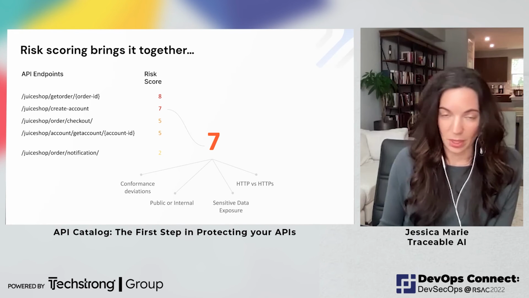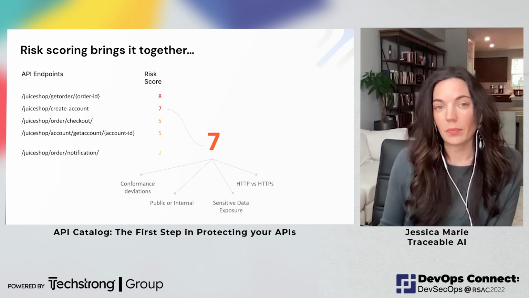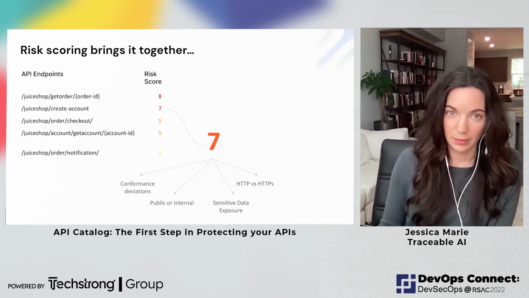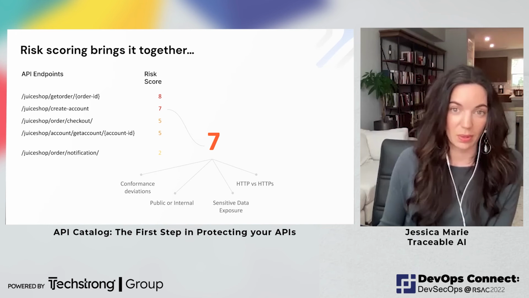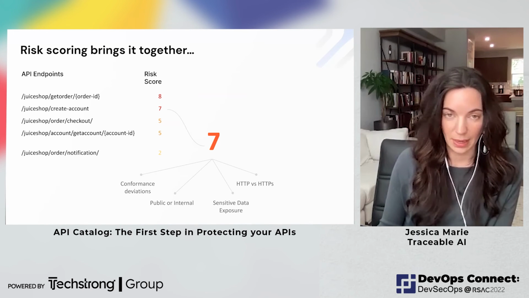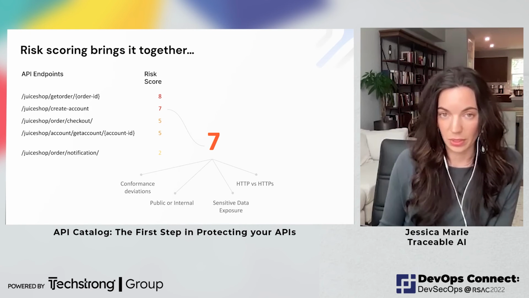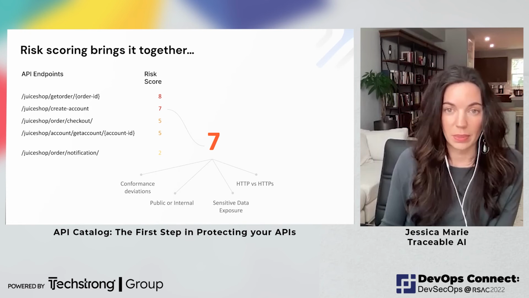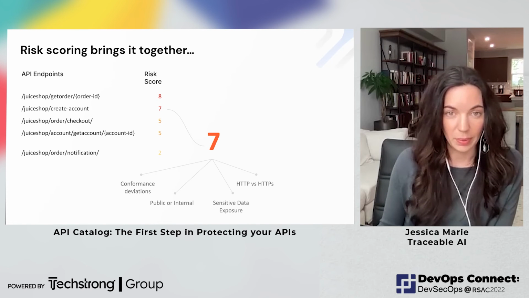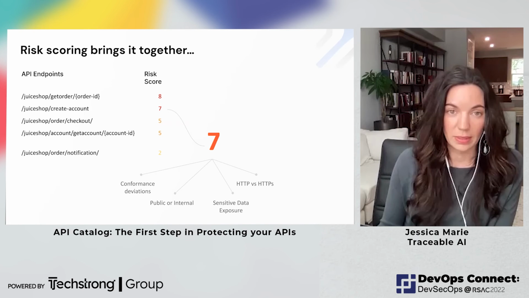This is again, a non-negotiable capability. So being able to continuously update endpoint risk scores based on the likelihood and impact of a cyber attack. Specifically here at Traceable, we use risk scores to provide an always updated view of your most risky APIs so you can prioritize mitigating those risks.